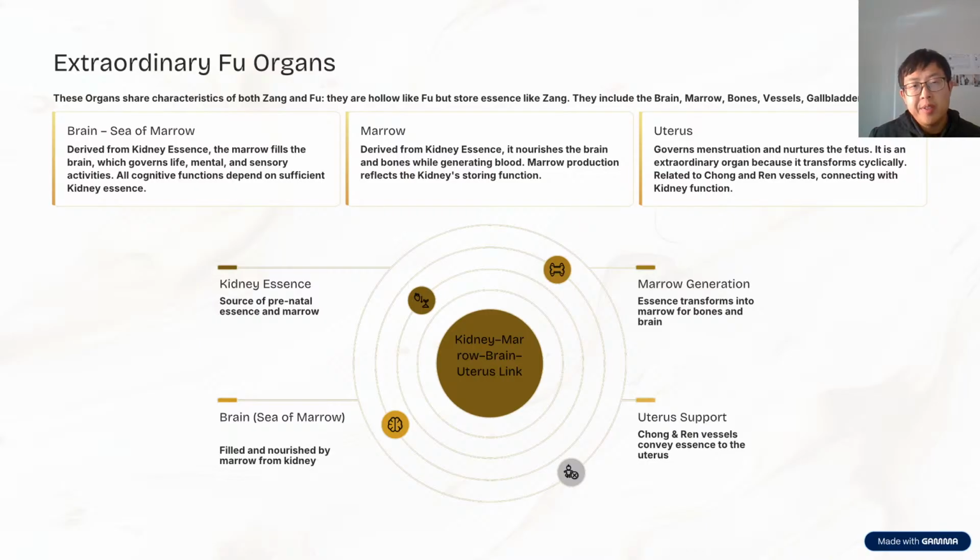There is a special part in the Chinese medicine foundation, which is the extraordinary organs. The extraordinary organs include the brain, the marrow, and the uterus.